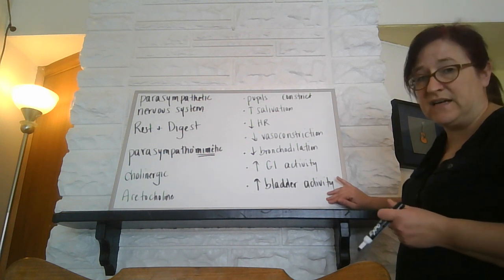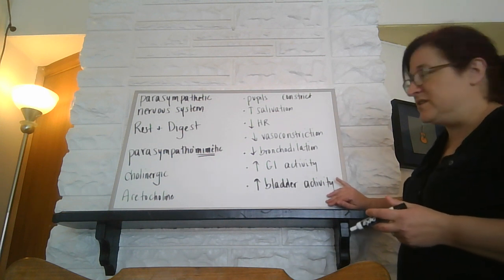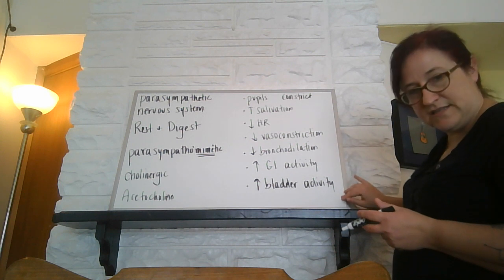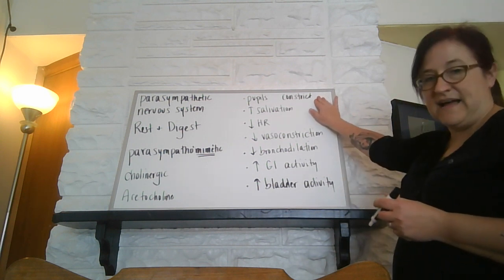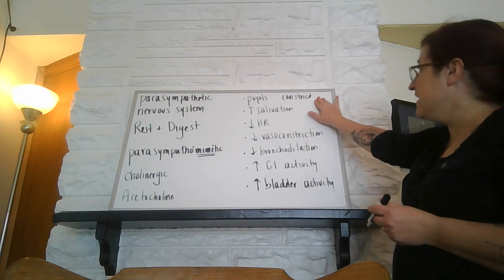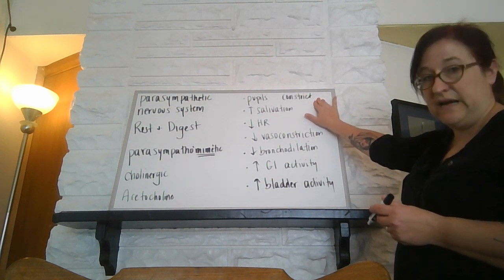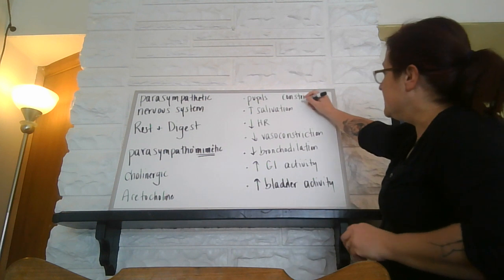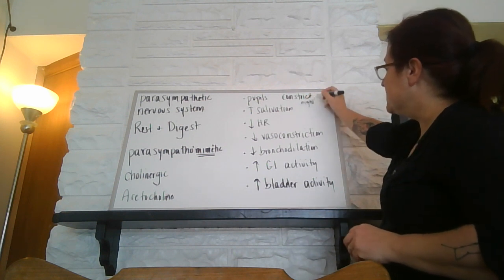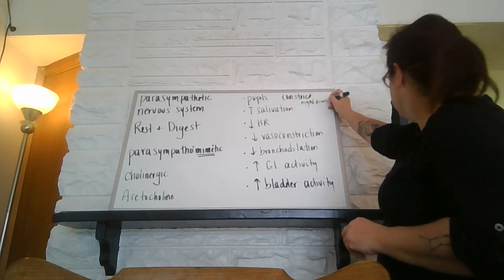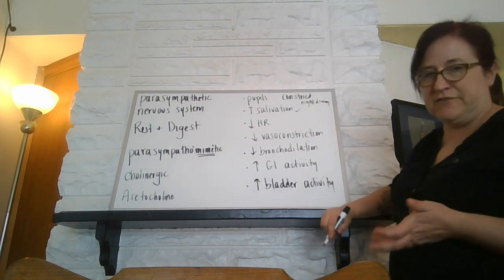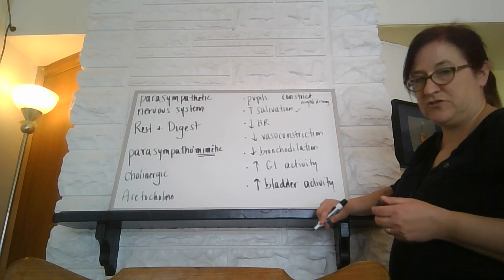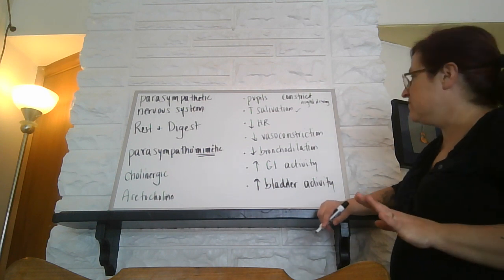So now we have to think again about our patients that might be taking medications that affect this. If I can't dilate my pupils, then I have to worry about night driving, because I need to dilate my pupils at night in order to see. Increased salivation, not usually an issue for too much stuff.